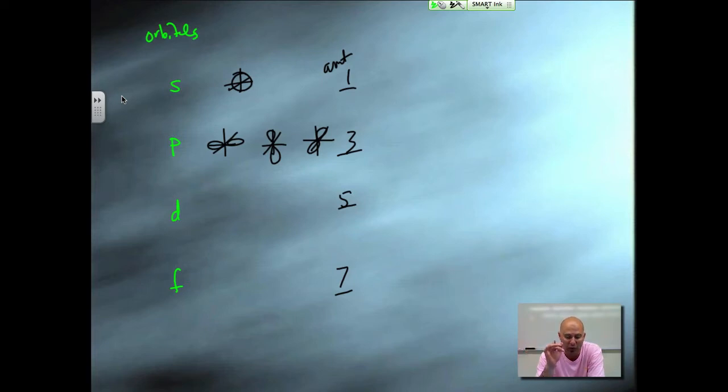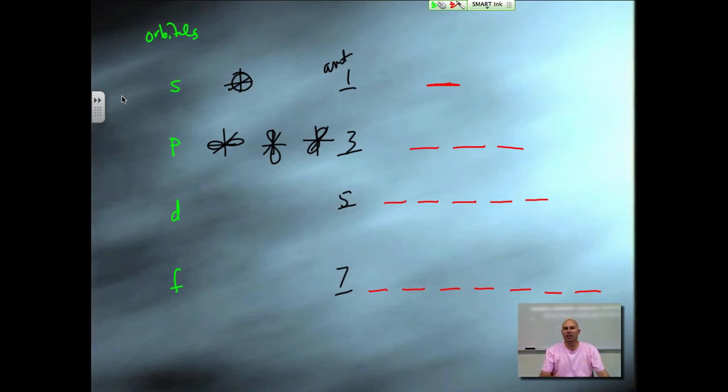There's still 5 orbitals. Now, how we're going to represent those orbitals is with dashes. So if there's 1S, it would just be 1 dash, 1 orbital. 3 for the P: 1, 2, 3. 5 in the D, so 5 dashes, and 7 in the F: 1, 2, 3, 4, 5, 6, 7.